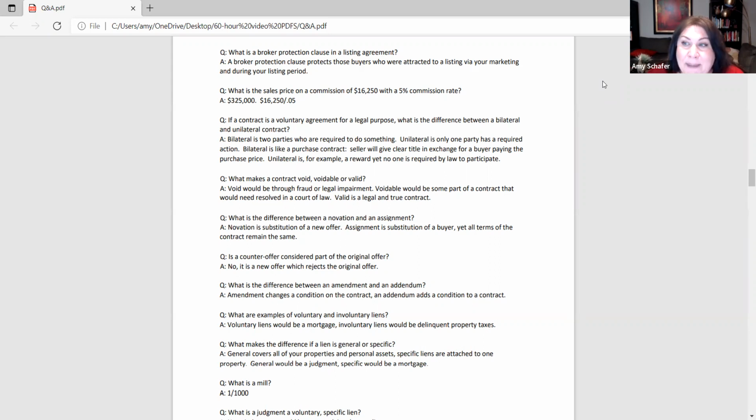So we've got accept it, reject it, the buyer withdraws it, it expires, and the 5th one is a counteroffer. The seller counters the offer. And the definition of a counteroffer means the original no longer exists.